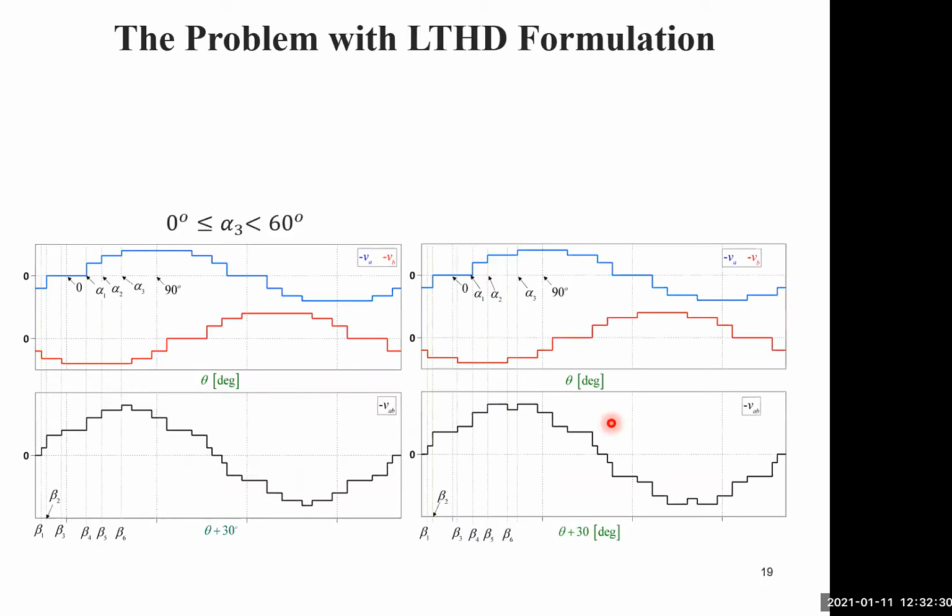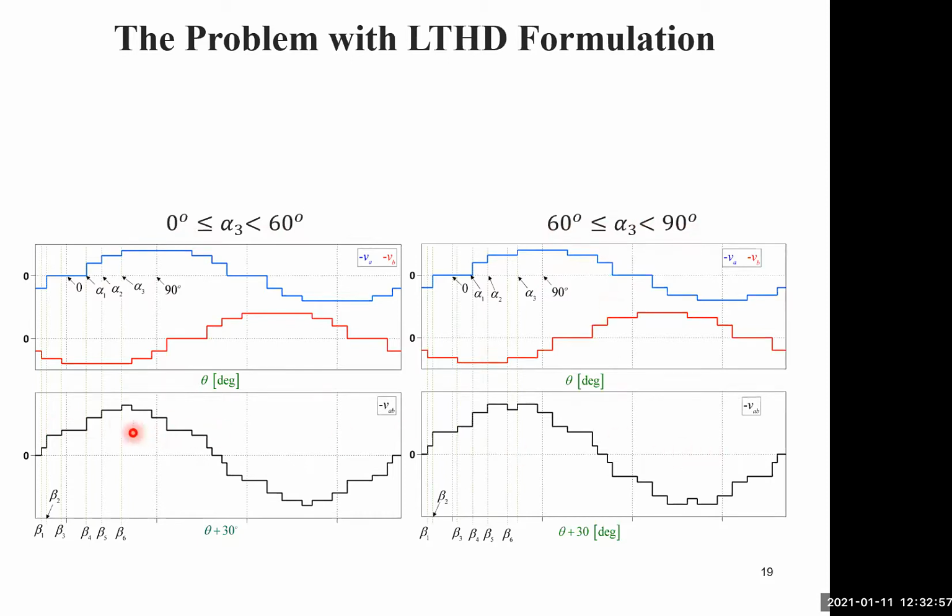So let's understand why. This is phase A, this is phase B, and this is the corresponding phase AB, same here. This is a 7-level inverter, so there are three switching angles. Here, the third switching angle is relatively small, between 0 and 60 degrees. And here, the third switching angle is slightly higher, between 60 and 90 degrees.